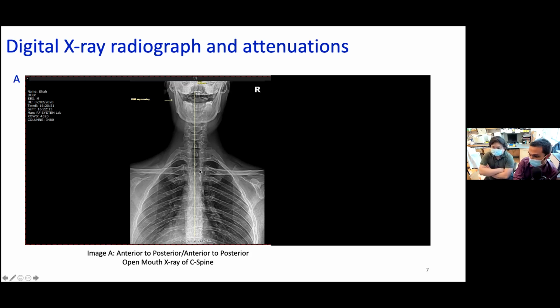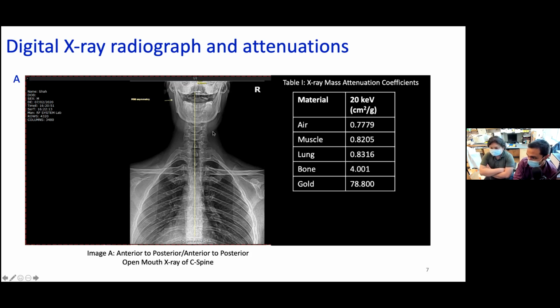You can see here, my right side is over here, and I'll quickly talk more about the attenuation coefficients that we learned in class. The air over here has the lowest attenuation compared to the soft tissue, and the muscle in my neck area has a little bit higher attenuation. The lung is pretty much darker because there's a lot of air inside.